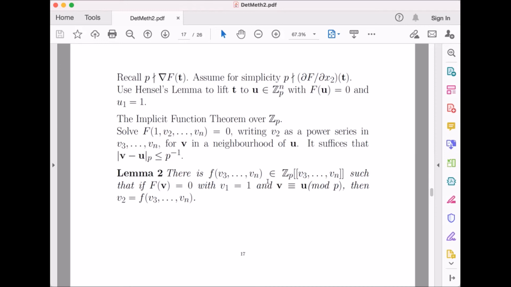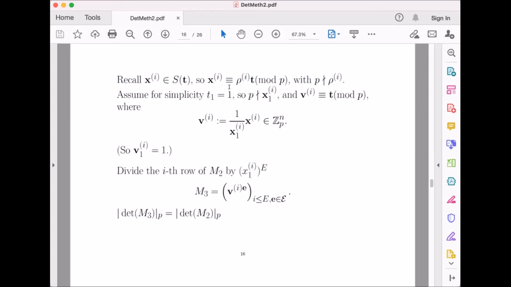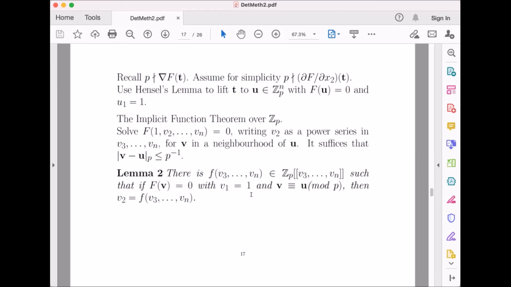And this is in fact exactly the situation we've created for ourselves on the previous slide. vi is congruent to t, so vi is congruent to u mod p, and the first coordinate of vi is equal to 1. So we're in exactly the situation for this lemma.